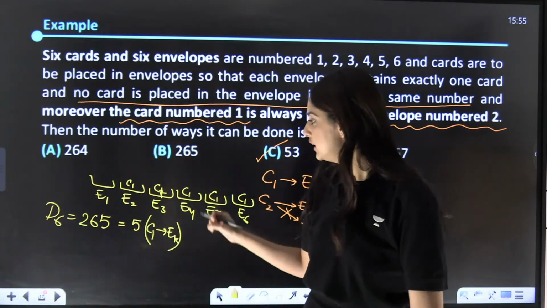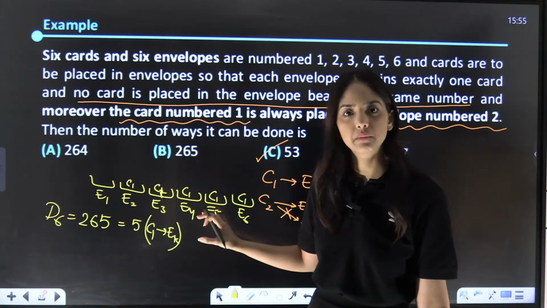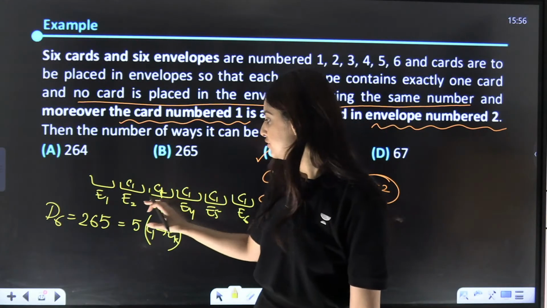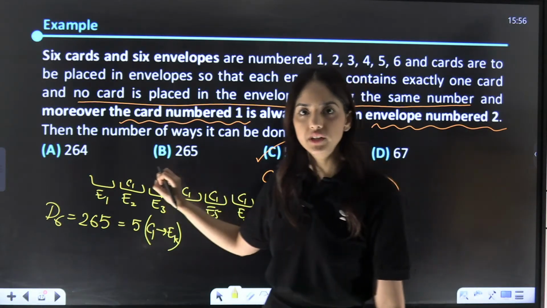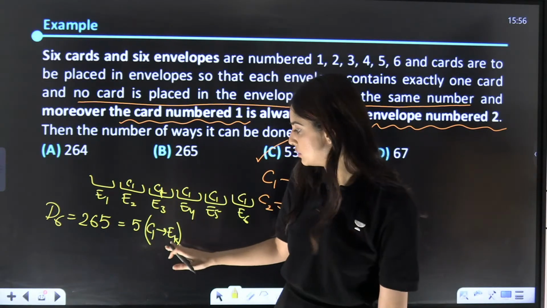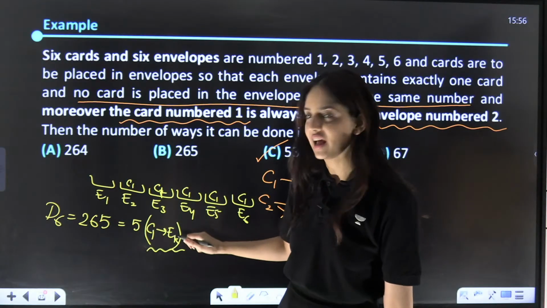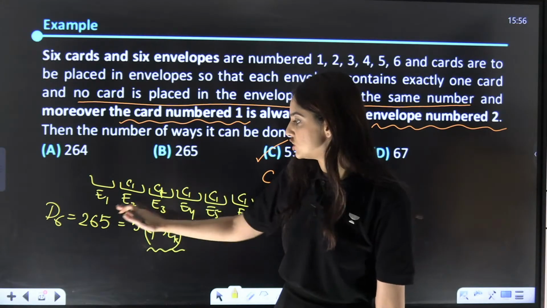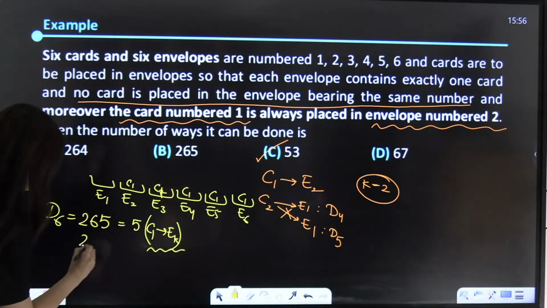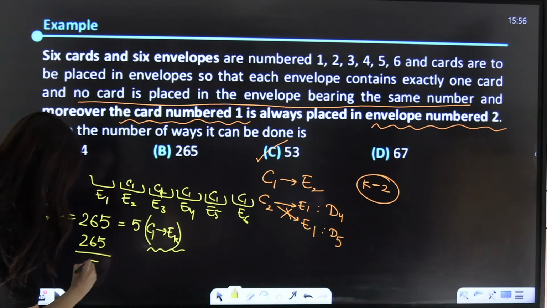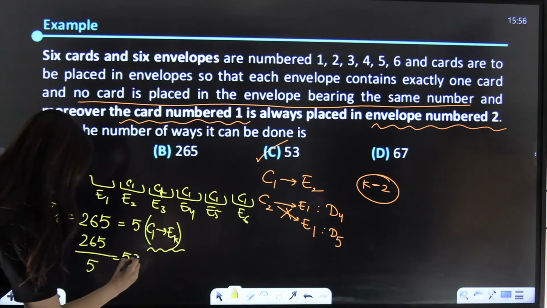If K is 2, then we will get the same number of possibilities. If K is 3, we get the same number of possibilities. So there were 5 options. For each of them, the same number of possibilities. This is what we are trying to calculate for E2. So we just divide 265 by 5. So 265 divided by 5 is equal to 53.